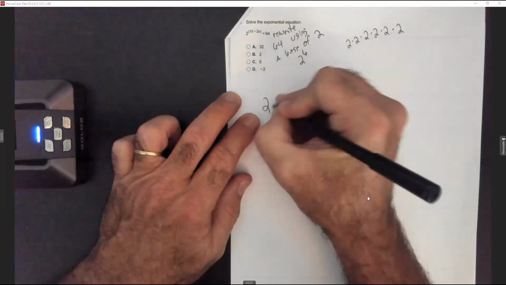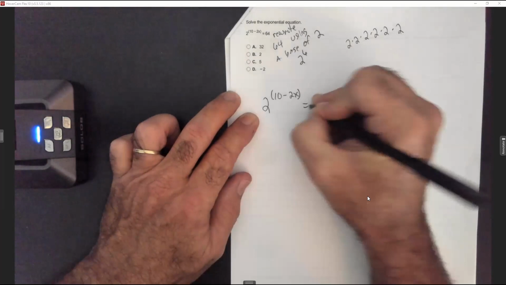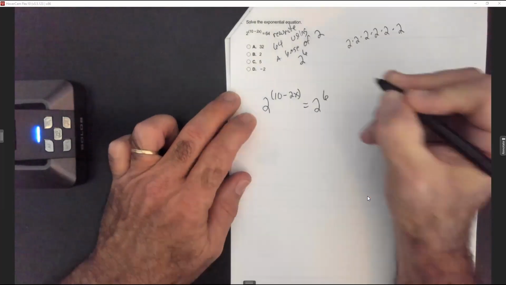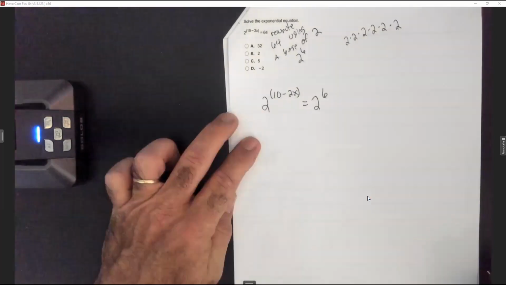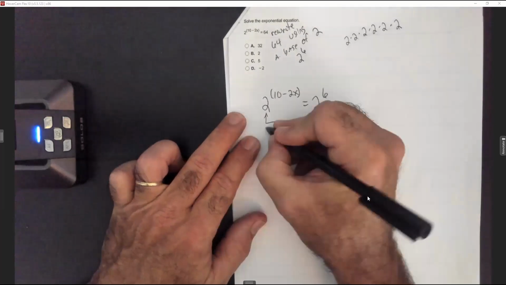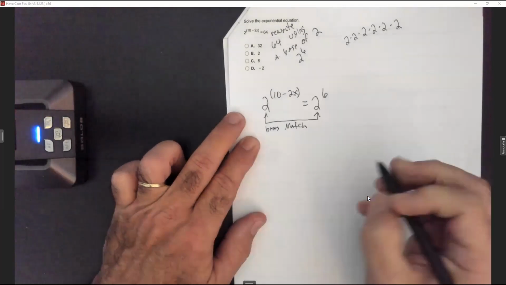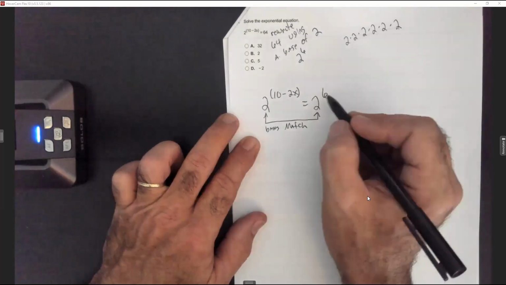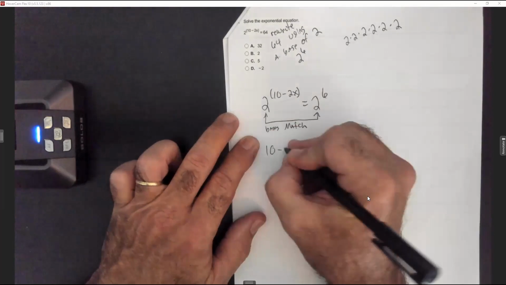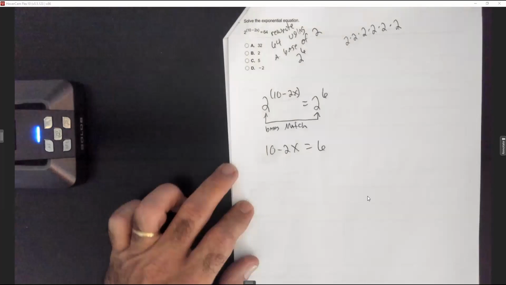So I got 2 to the 10 minus 2x equals 2 to the 6th power. Now, since we was able to do that, my bases match. The bases match, that means the exponents have to be equal. So 10 minus 2x has to equal my 6.